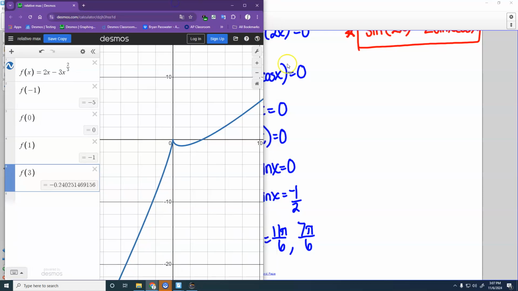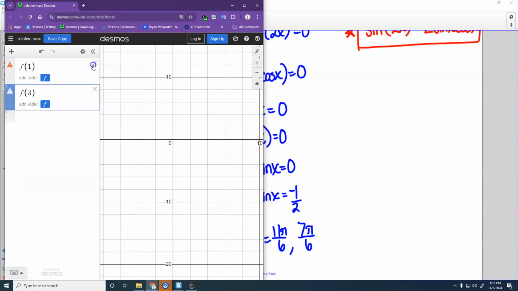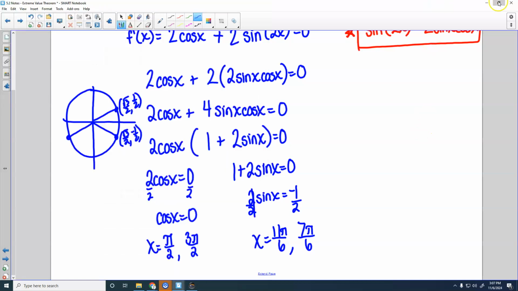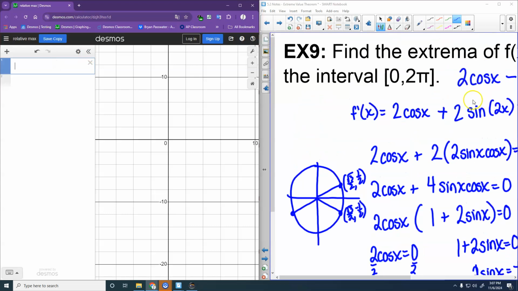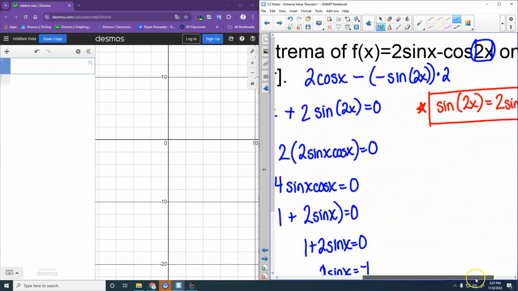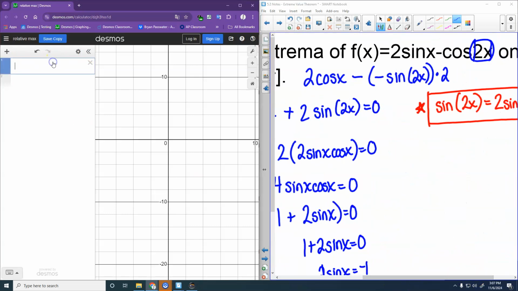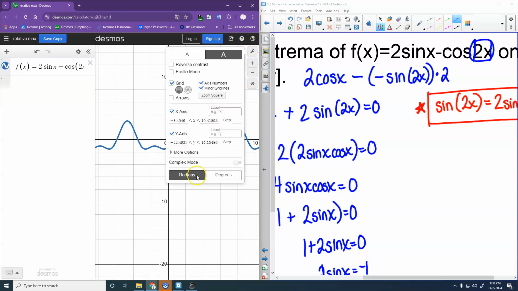Alright, so let's see, we got f of x equals 2 sine x minus cosine 2x. And let me make sure I am in radians.